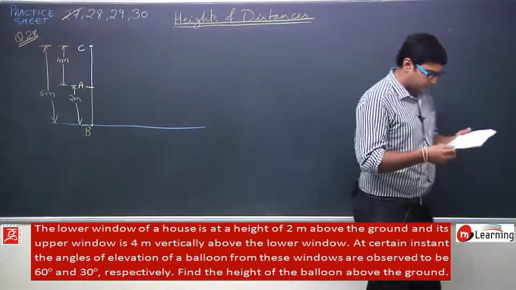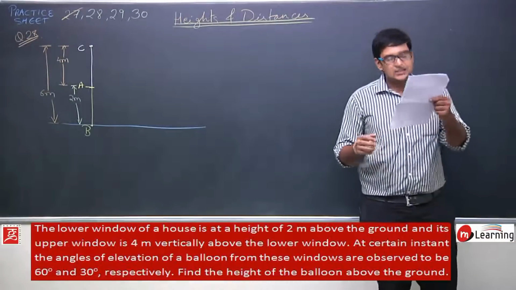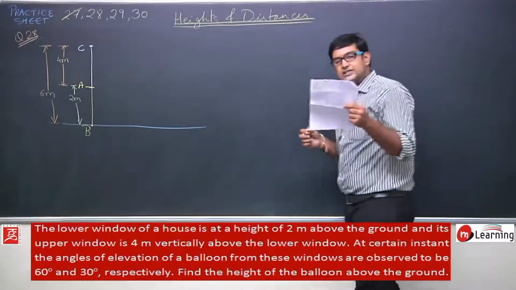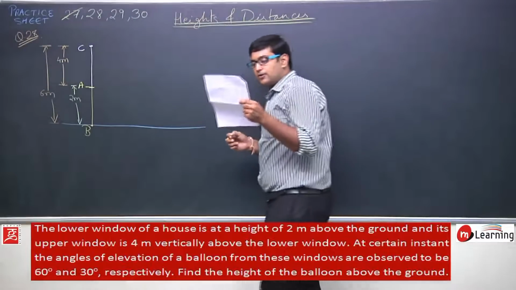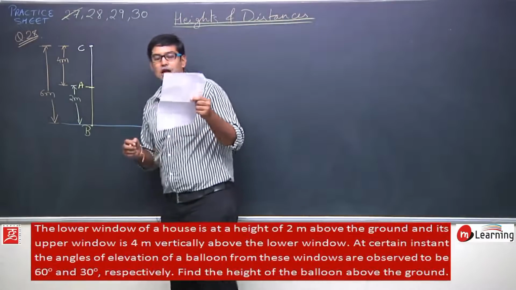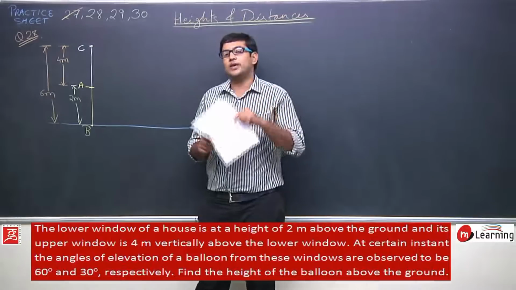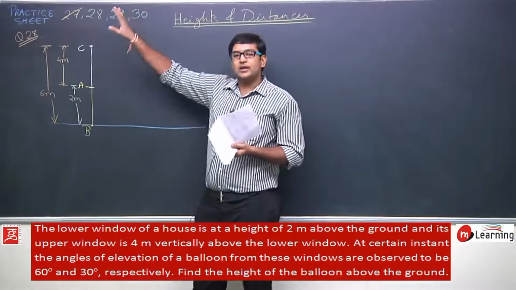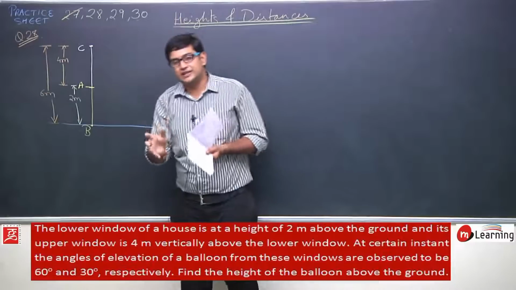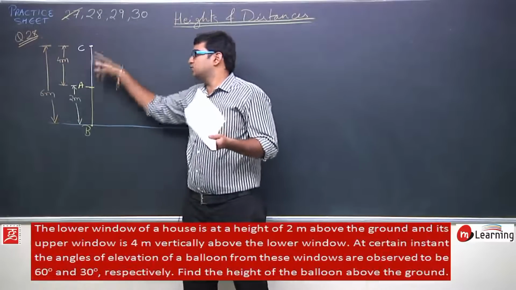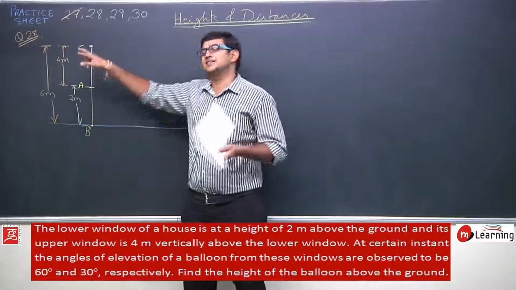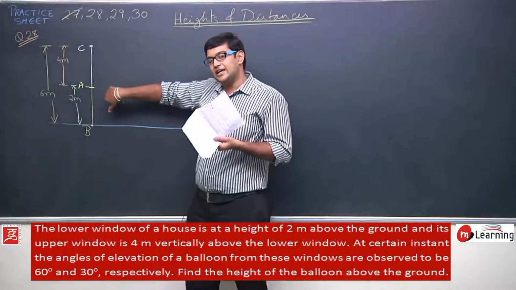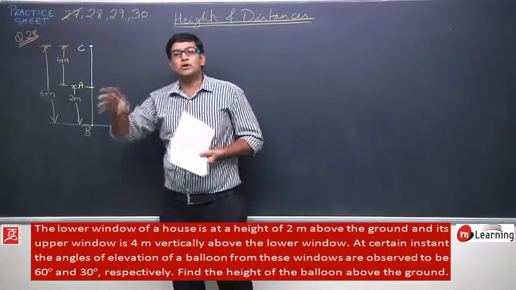Now further, at a certain instant, the angles of elevation of a balloon from these windows are observed. So what does this mean? That there is a balloon and I am observing that balloon from these two different windows. There are two persons standing on these windows, one at C and one at A, and both are observing a balloon.